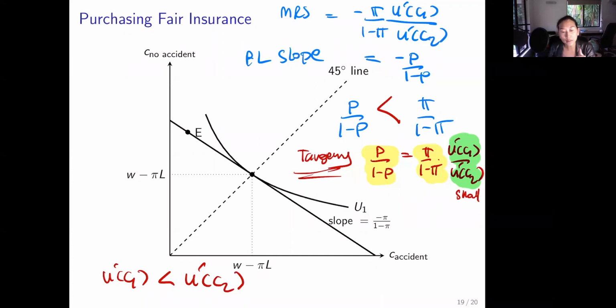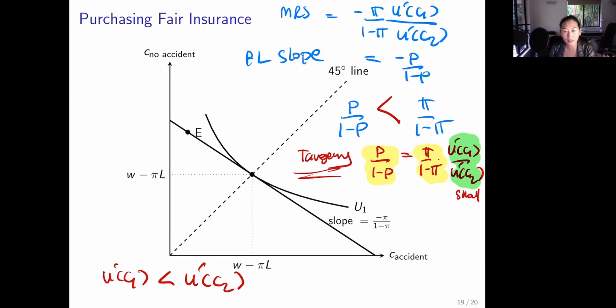For risk loving, the higher the value of wealth, the higher the marginal utility of that wealth. So it all depends on the risk attitude here.